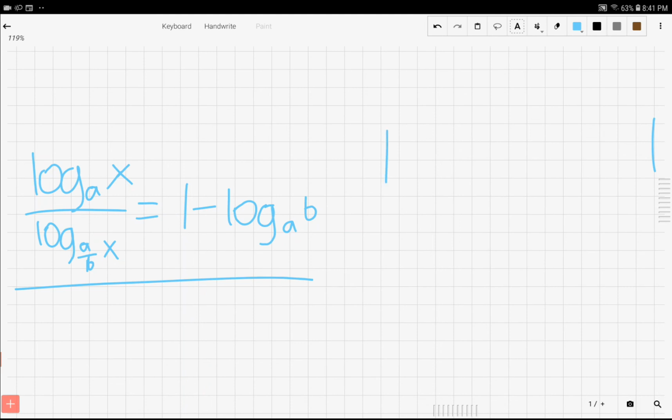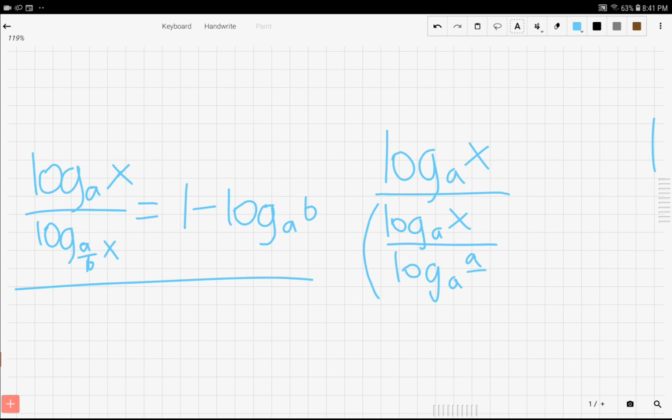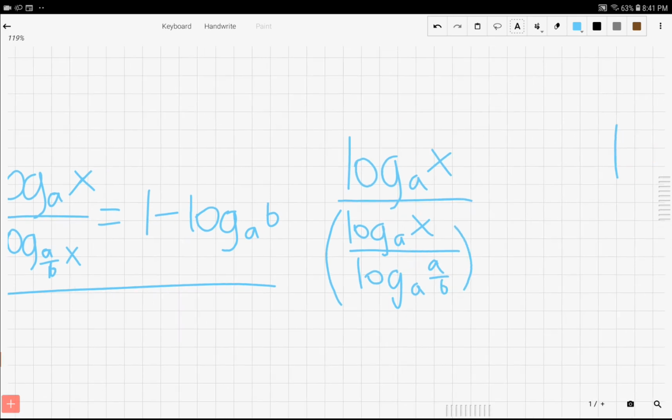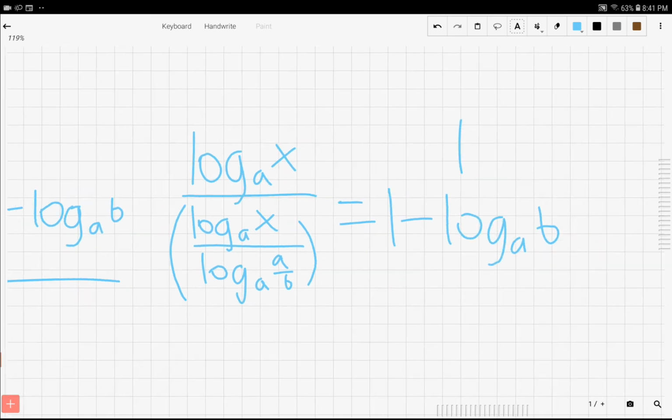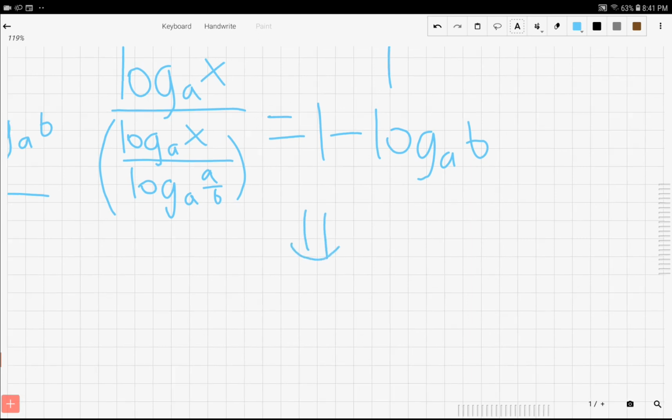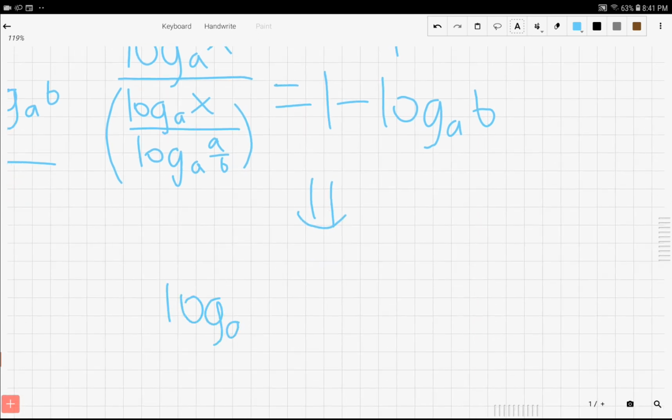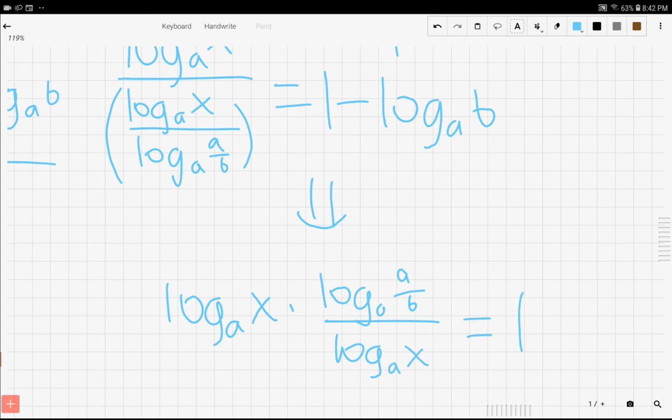We have log a of x over log a of b of x, and you can use the change of base formula on this, so this can become log a of x over log a of b, and you can verify this using the change of base identity, and this is equal to 1 minus log a of b, and this goes to log a of x times log a of b over log a of x is equal to 1 minus log a of b.